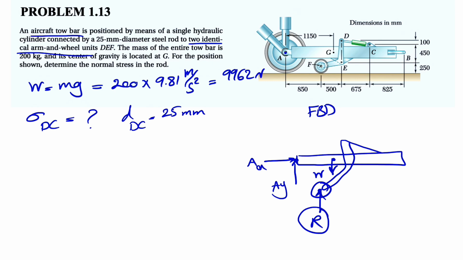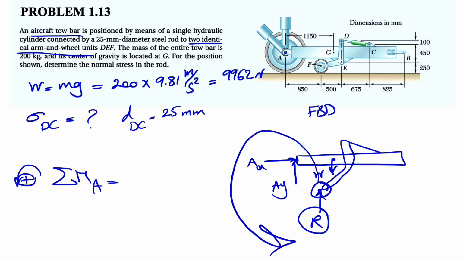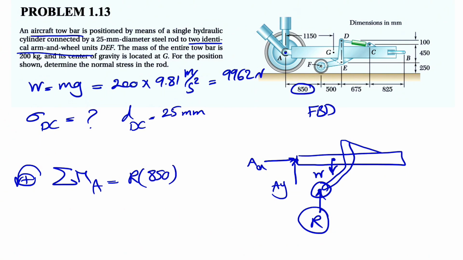So here, if we do the moment about point A, counterclockwise positive as always, we can get rid of all the unknowns other than R, and all the dimensions are known in here. We have the moment of force R, which is a counterclockwise moment, so positive R times the distance from the line of action of R to A, which is 850mm. We don't need to do any unit conversion because it will be cancelled out.